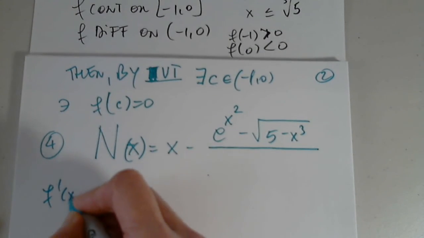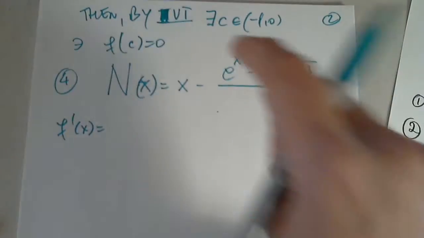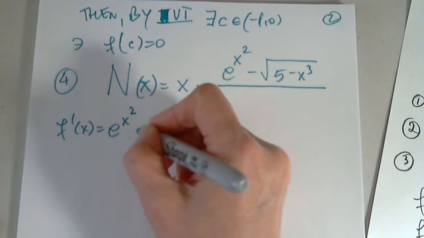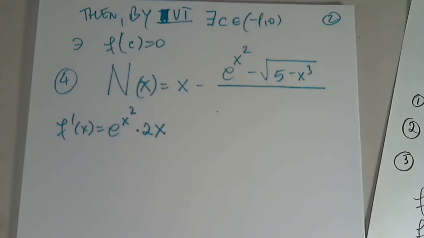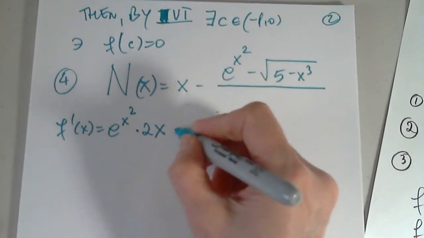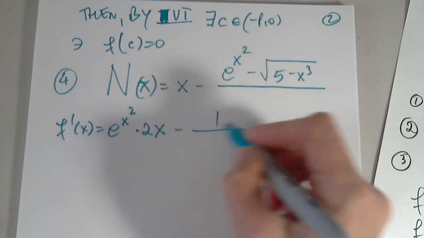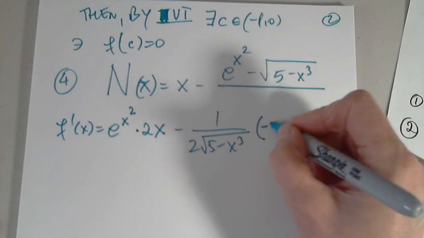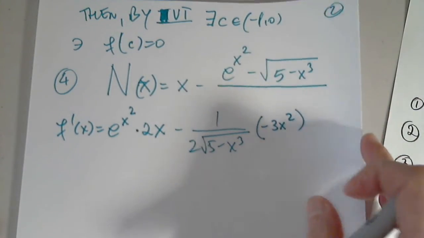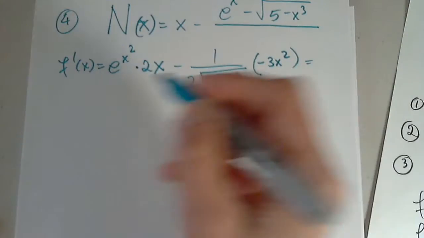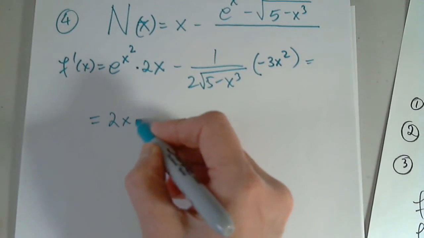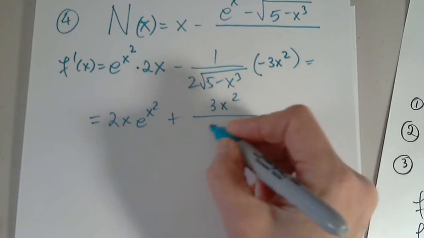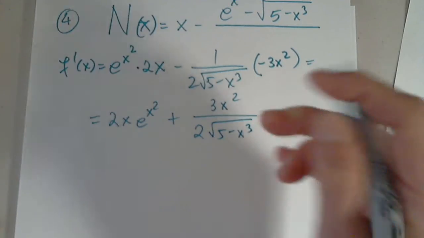So let's write it. f prime equals e to u prime is e to u times u prime, and then minus 1 over 2 square root of 5 minus x cubed, times the inner function prime, which is negative 3x squared. I will clean it up just a tiny bit: 2x e to x squared, this is positive now, plus 3x squared over 2 square root of 5 minus x cubed.